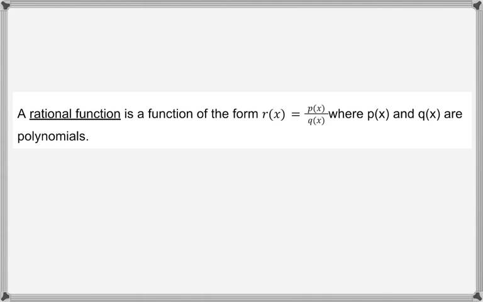And specifically, when we call it a rational function, the numerator and denominator are polynomials. So we're not going to see any square roots or cube roots or anything like that. The numerator and denominator will be polynomials. So we'll see positive powers of x, some coefficients, maybe multiple terms, but no radicals or anything like that.